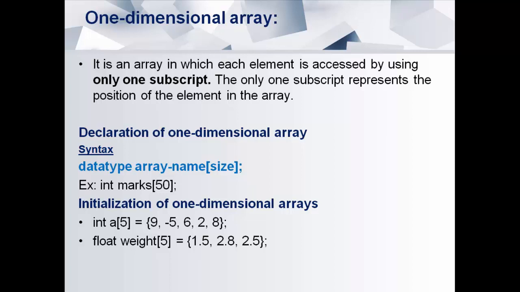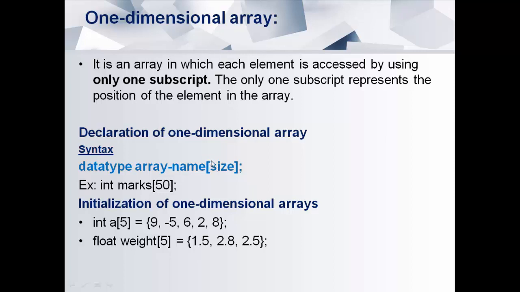Declaration means that before using the array we should declare whether it is of integer data type or floating data type, with an array name and its size. The syntax, the general form of declaring a one dimensional array, is data type, array name and size.